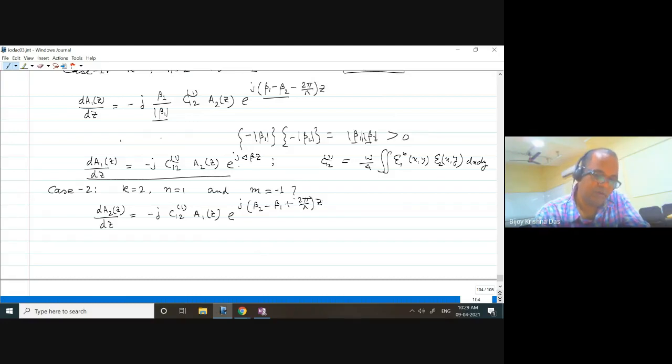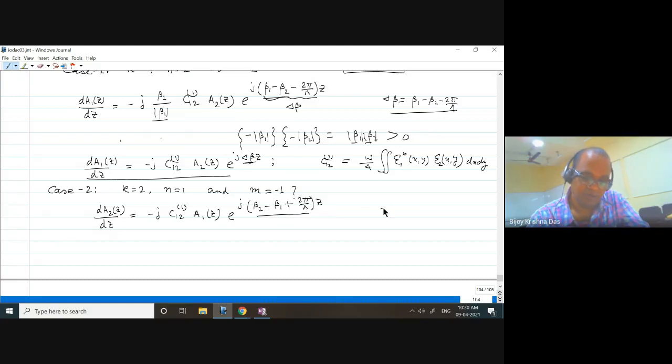Now what we have written, delta beta here, equal to beta 1 minus beta 2 minus 2 pi by lambda, that is delta beta. So if this is delta beta, then what is this one? This is actually nothing but minus delta beta.